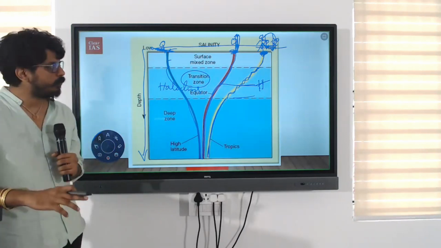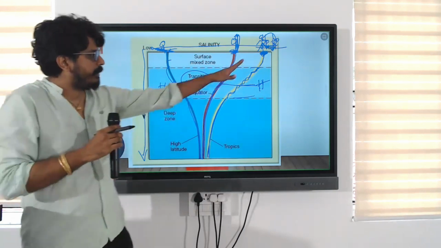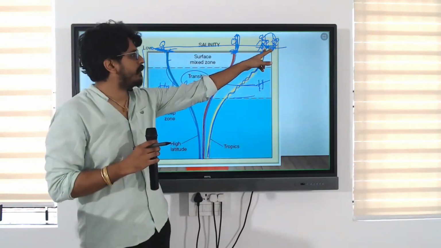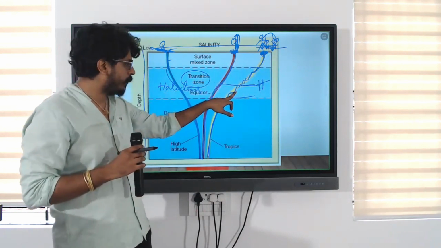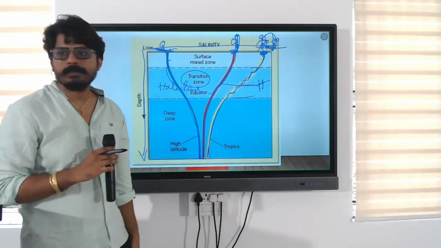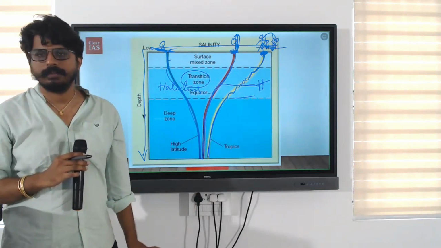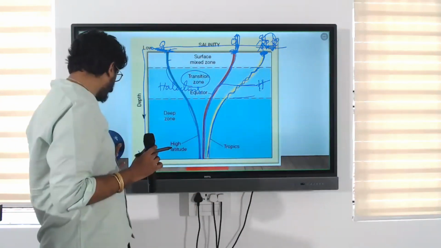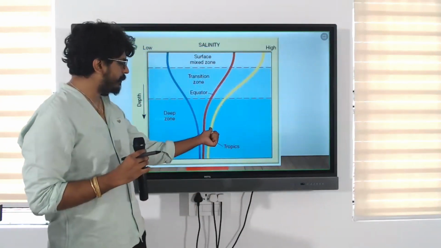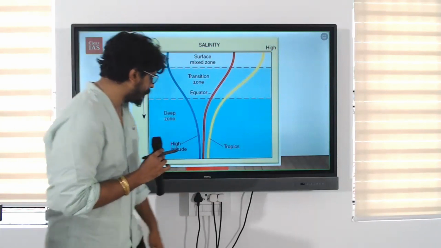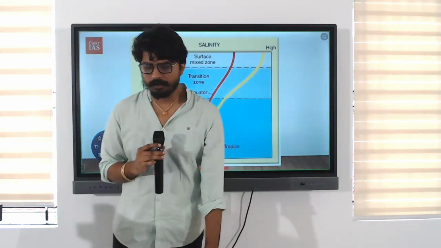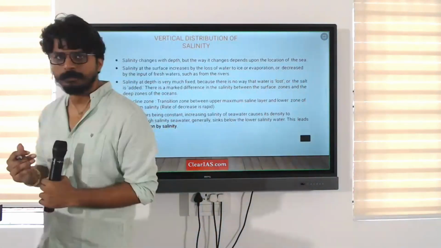Yes? But usually we take the case where the surface has high temperature, high salinity at the top, and it goes on decreasing and then becomes constant. Now draw this diagram very beautifully and mark all the 3 lines. The yellow is tropical regions, red is the equatorial regions, and blue is the high latitude regions.